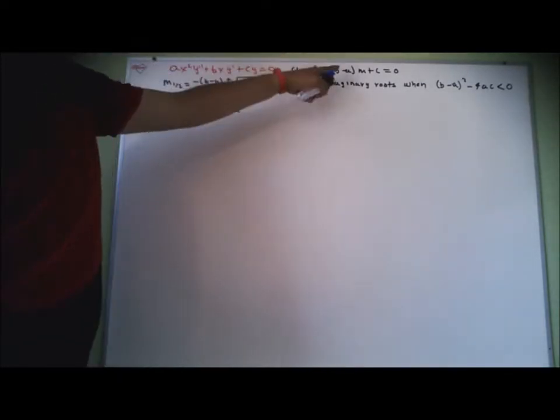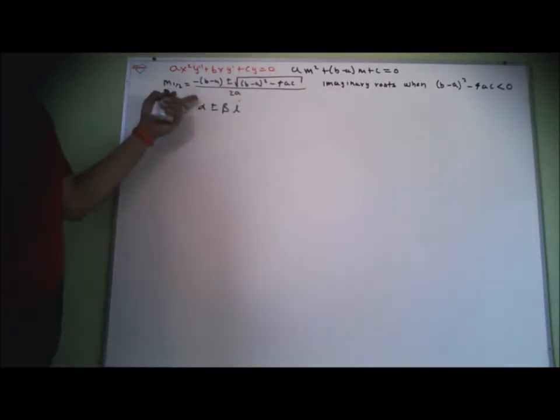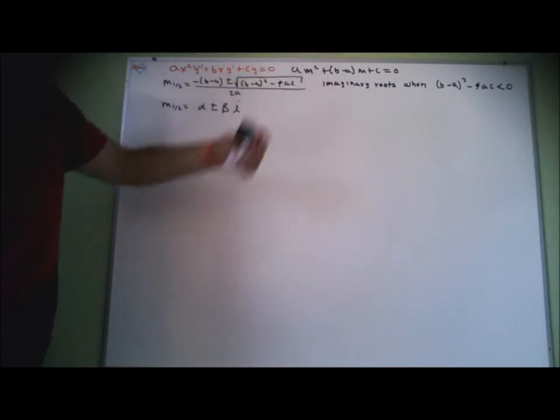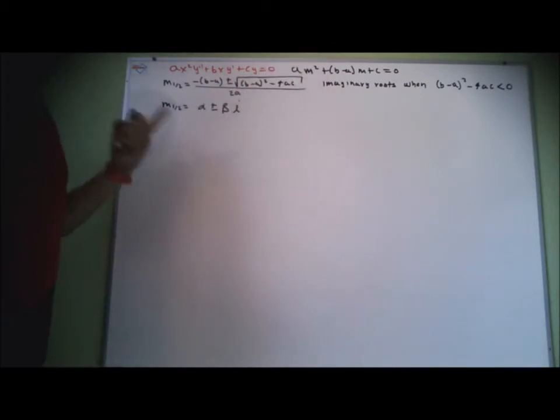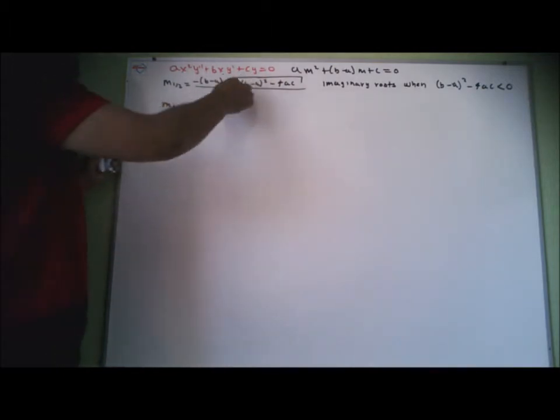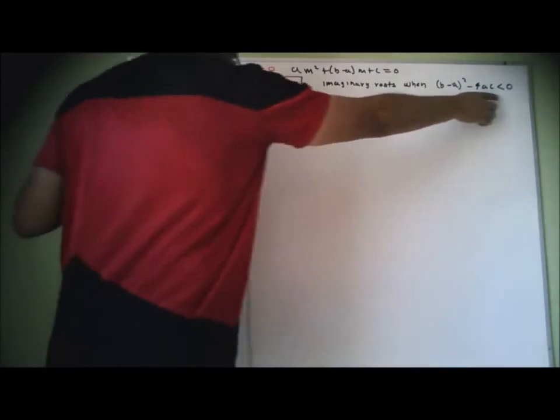So here is the characteristic equation that we saw in the previous videos, and here is the chicharronera to solve this quadratic equation. Now, you will have imaginary roots when this number is negative.